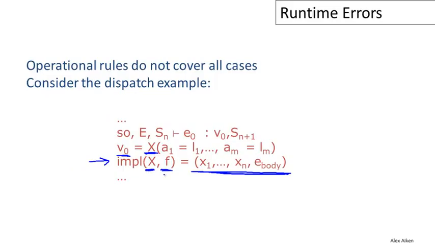And so the fact that type checking has already been done is what allows us to omit some cases. There are some checks that we don't have to do because we know that the type system has already effectively done them. The rules would only be more complicated if we didn't have type checking and we needed to say what would happen in all the cases where things were not type correct.